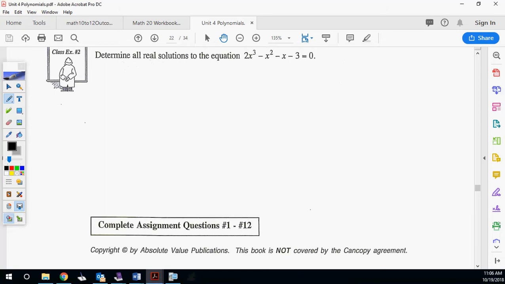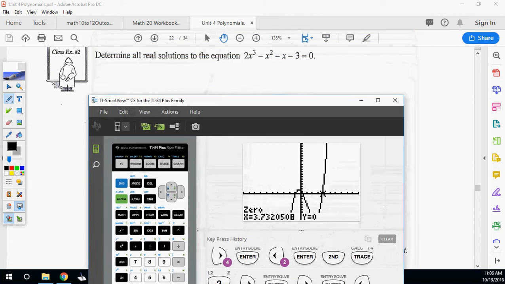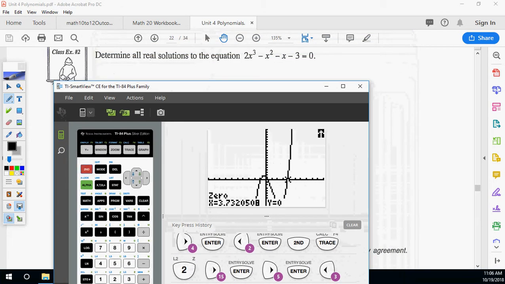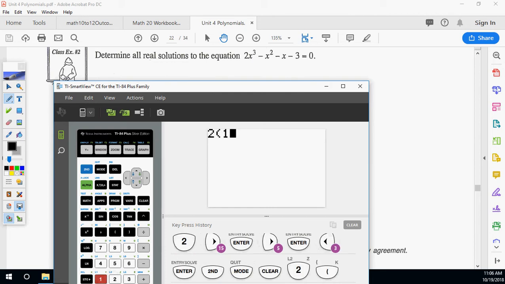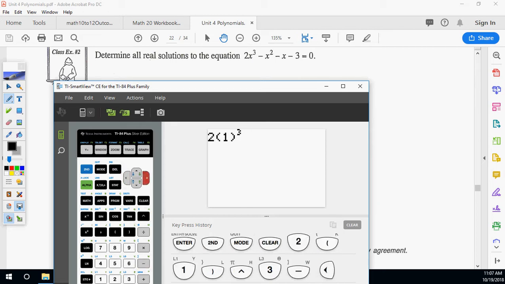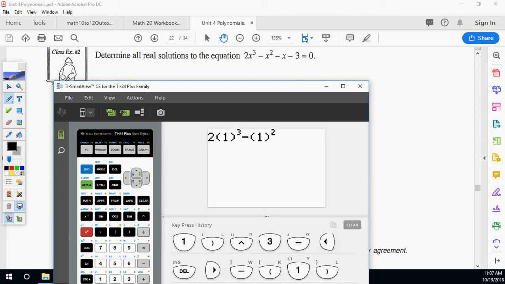What I would do, if I were you, is go to test. This is the easiest way. Let's just try 1. So I'm going to go 2 bracket 1 bracket cubed, minus 1 squared, minus bracket 1, and minus 3.